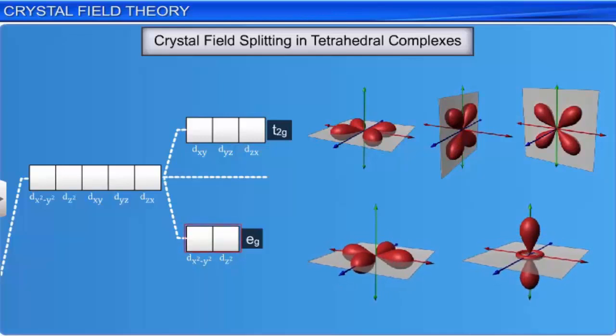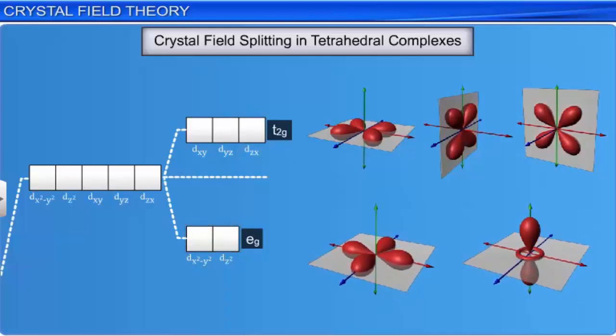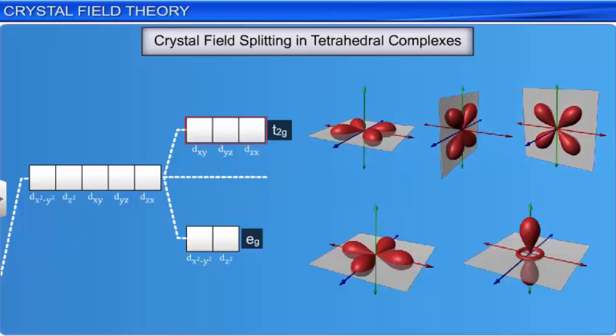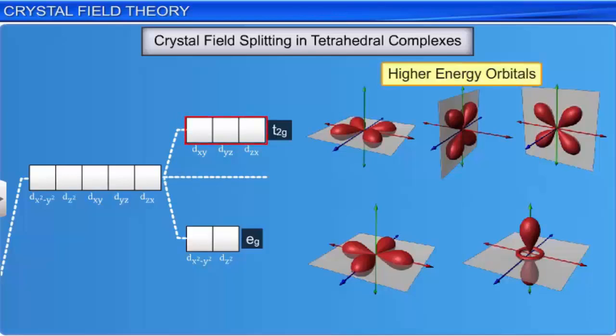This is because the T2g orbitals are oriented along the direction of the approach of the ligands. Thus, in tetrahedral splitting, the T2g orbitals are of higher energy, and the two Eg orbitals are of lower energy.